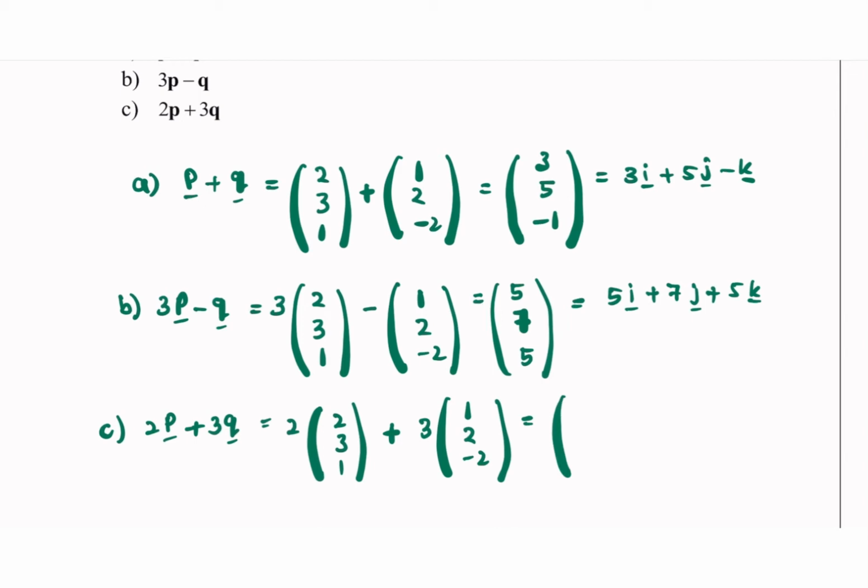Tambah 3 darab 1, 3. So, 4 tambah 3 adalah 7. 2 darab 3 adalah 6. Tambah dengan 3 darab 2 adalah 6. So, kita jadi sini 12. 2 darab 1 adalah 2. Tambah dengan 3 darab negatif 2, negatif 6. So, 2 tolak 6, negatif 4. So, sini akan jadi 7i plus 12j minus 4k.